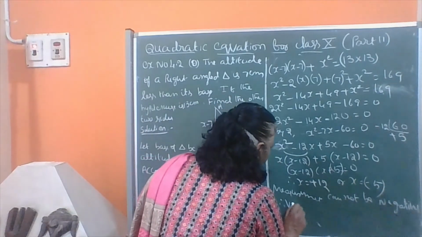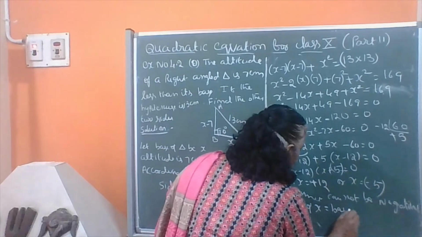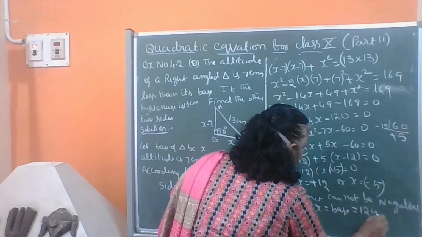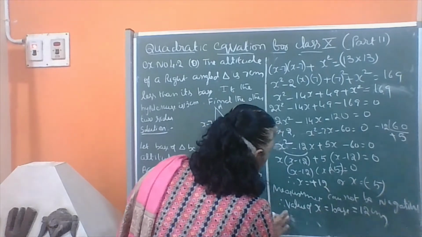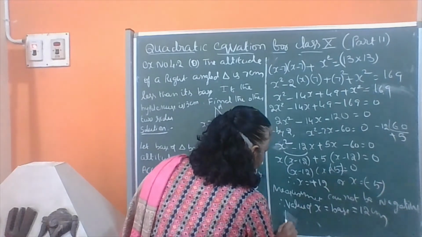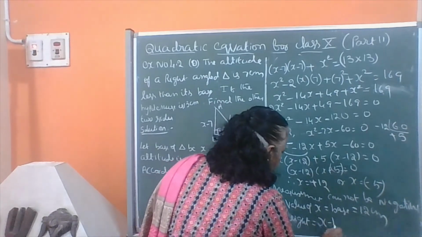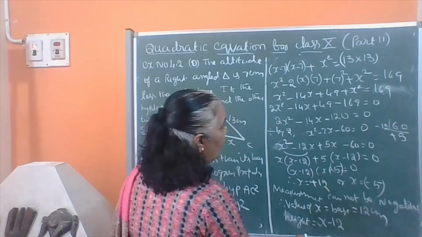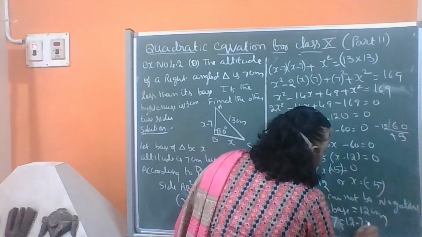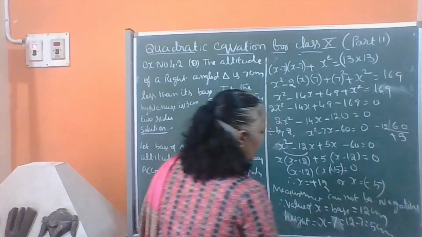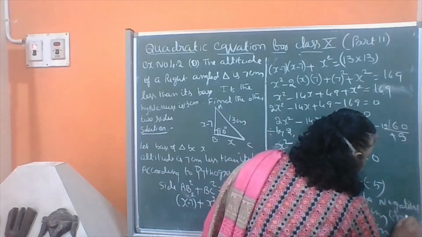Therefore, the value of x, that is the base, is equal to 12 centimeters, and the measurement of height is x minus 7, that is 12 minus 7, is equal to 5 centimeters. The negative value has to be ignored.